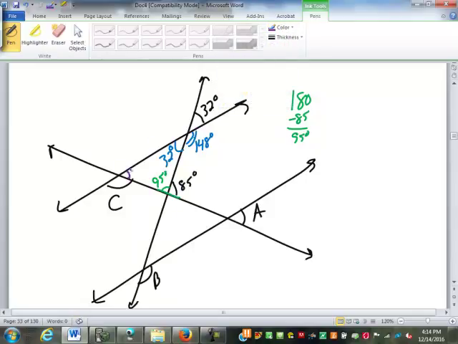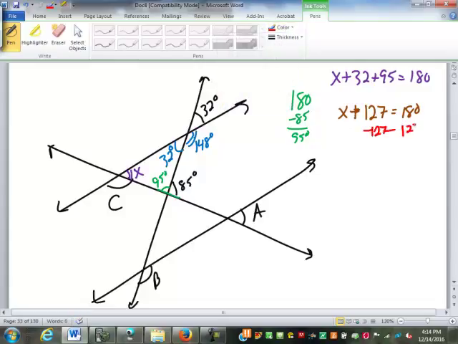So now how do I find this one? I know those 2, if I call that x, I know x plus 32 plus 95 has to add up to 180. So I combine the 32 and the 95, that's 127, as if 180.